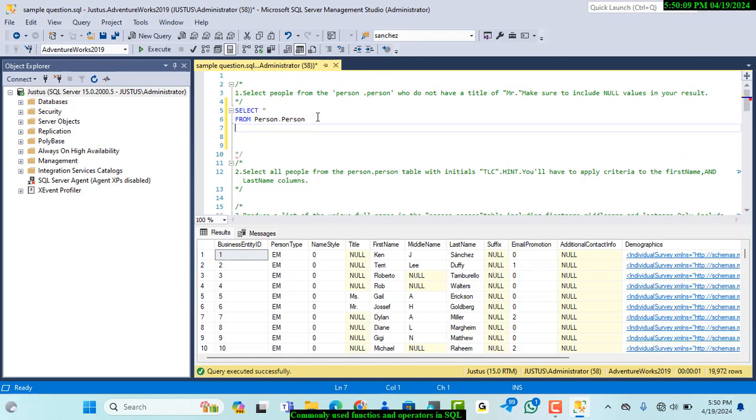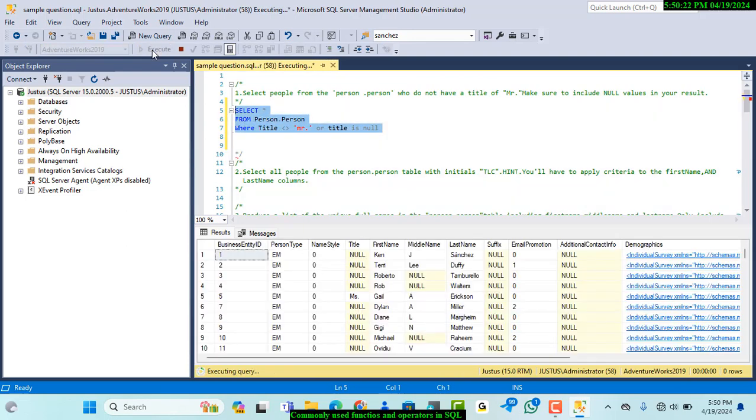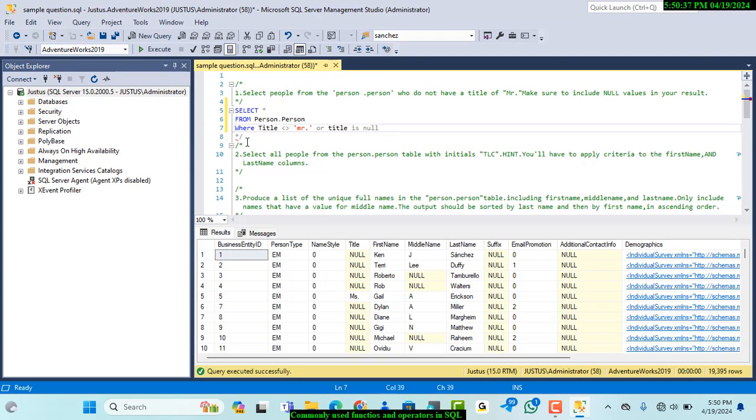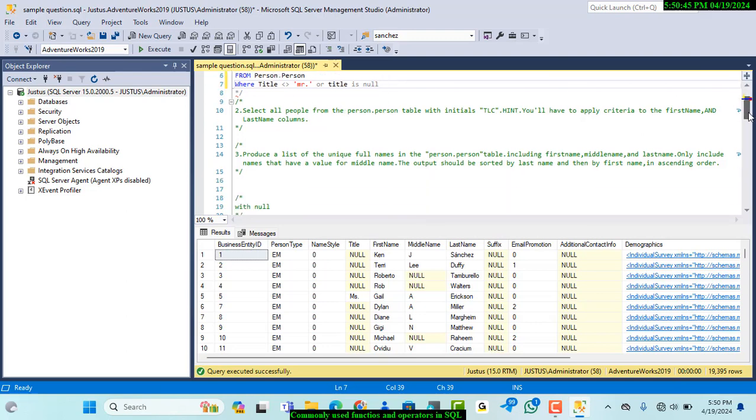So when I introduce the WHERE clause, it will filter to remove those names with the title Mr. to remain with 19,305 records. So the number of records are now reduced, telling that the names with title Mr. have been exempted from our record. That's for question 1. Now proceed to question 2.